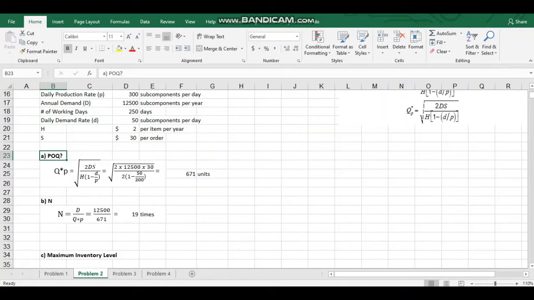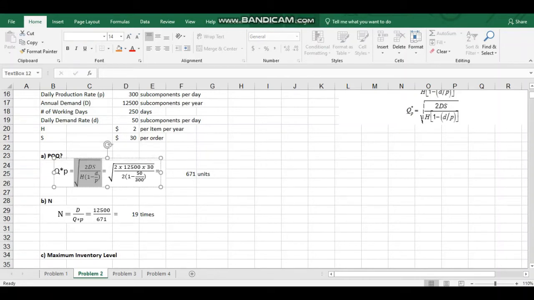Okay, let's start with point A, which is POQ. We use this formula to know how many units we should produce to reach the economic production. All the components are given, the info about all of these components is given.